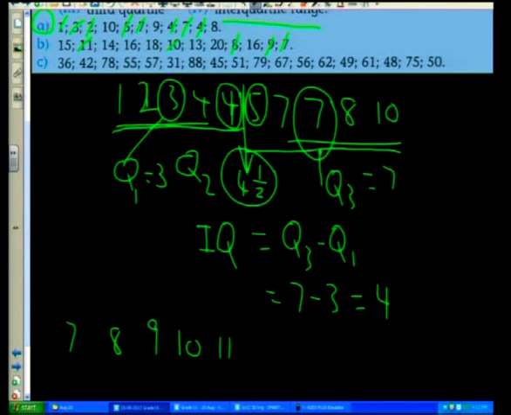Then followed by 13. There is no 12. 13 followed by 14, then 15. Next to that will be the 16, another 16. There are 2 of them. 16, 16. And next will be 18 followed by 20. 18, then 20.